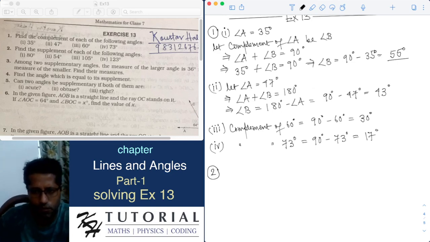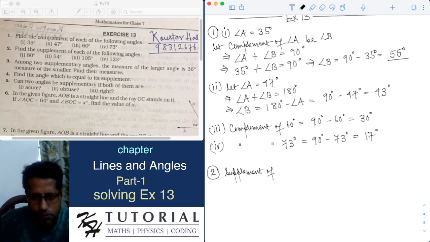So we know that for supplementary angles, the addition is 180 degrees. So the supplement of angle 80 degrees, this is part 1, will be equal to 180 degrees minus 80 degrees. This is equal to 100 degrees.